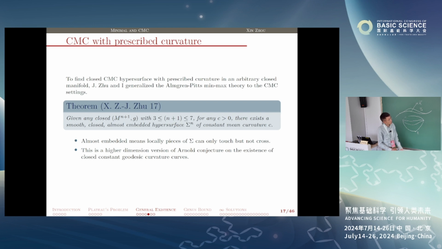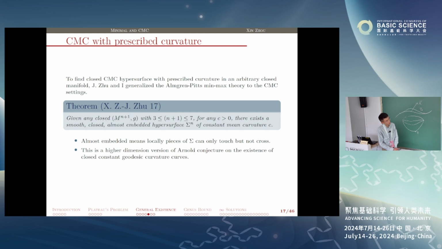So given any closed Riemannian manifold of dimension between 3 and 7, for any prescribed positive number c, there always exists a smooth, closed, so I call it almost embedded, hypersurface of that given mean curvature c. So you can construct a closed CMC hypersurface with any given mean curvature c.